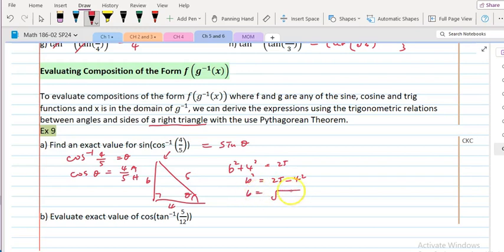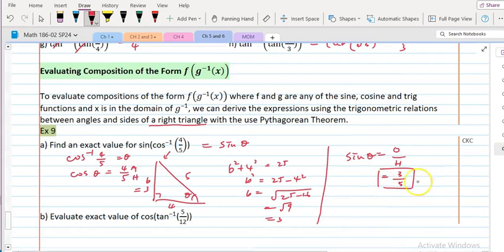B is the square root of 25 minus 16, which is the square root of 9, which is 3. So now I'm going to do sine theta because the question is sine theta. Sine theta using O over H would equal, now that I know O is 3, 3 over 5. And I'm done. So this is the final answer.